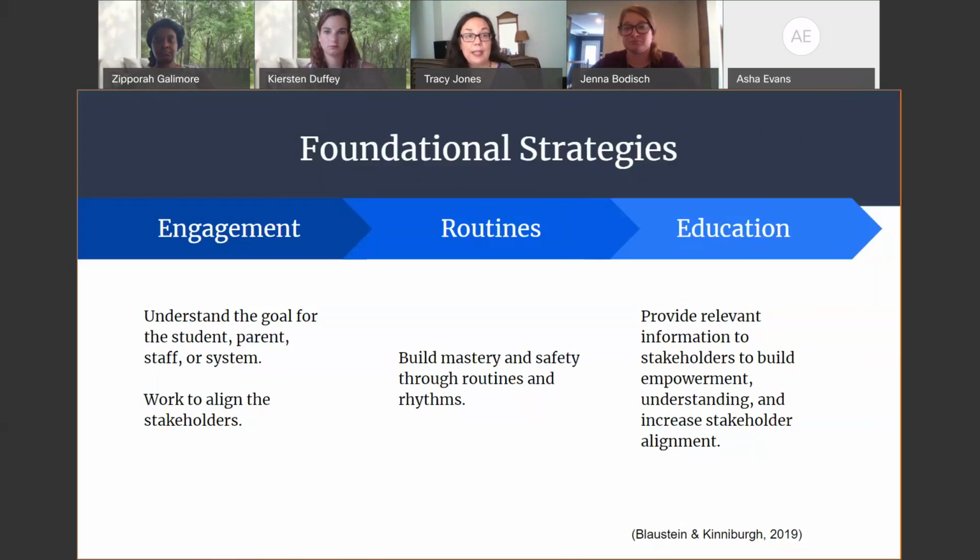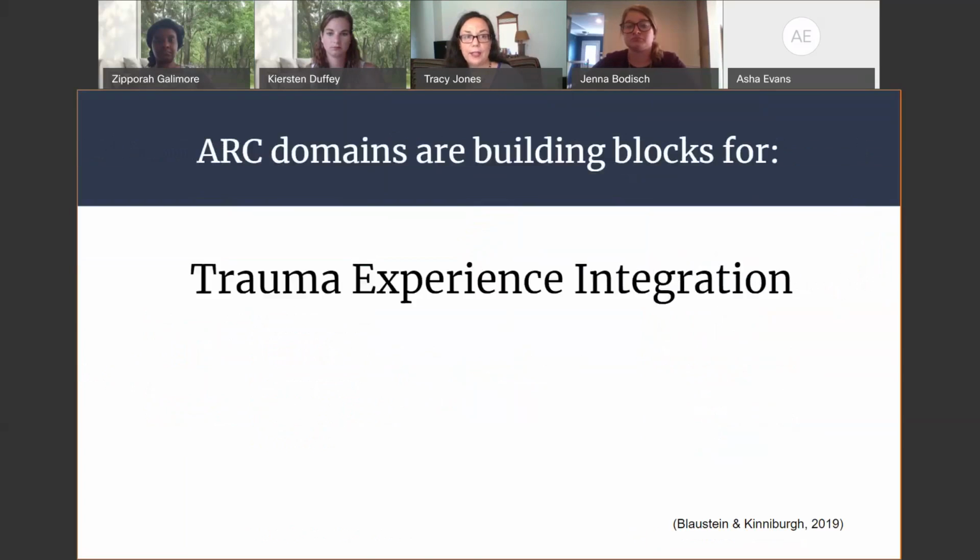Now we're moving this into thinking about trauma experience integration. So many of our students have experienced trauma. Both ARC and Perry's neurosequential model look at the capacity to first survive and tolerate moments of overwhelming distress and arousal that can be brought on by real or perceived experiences of danger in the world.